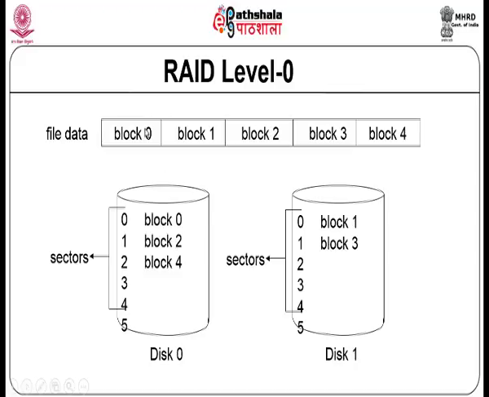Block 0 is written into disk 0, block 1 is written to disk 1, block 2 is written here, block 3 is written here, and block 4 is written to disk 0. So you find that block striping is done, and the blocks are kept in different disks. Because of this you get a performance improvement: when you try to read, say, block 0 and block 1 from the file, block 0 can be read from this disk and block 1 from this disk in parallel, and hence performance is improved.